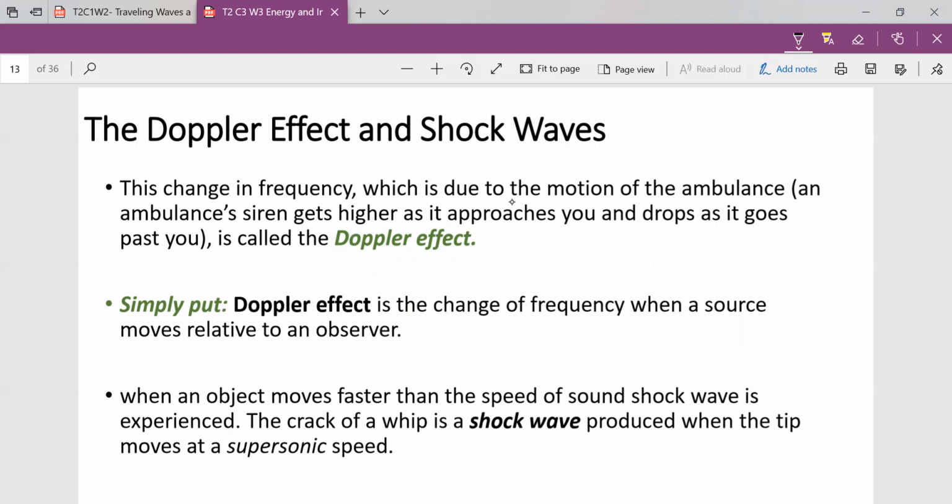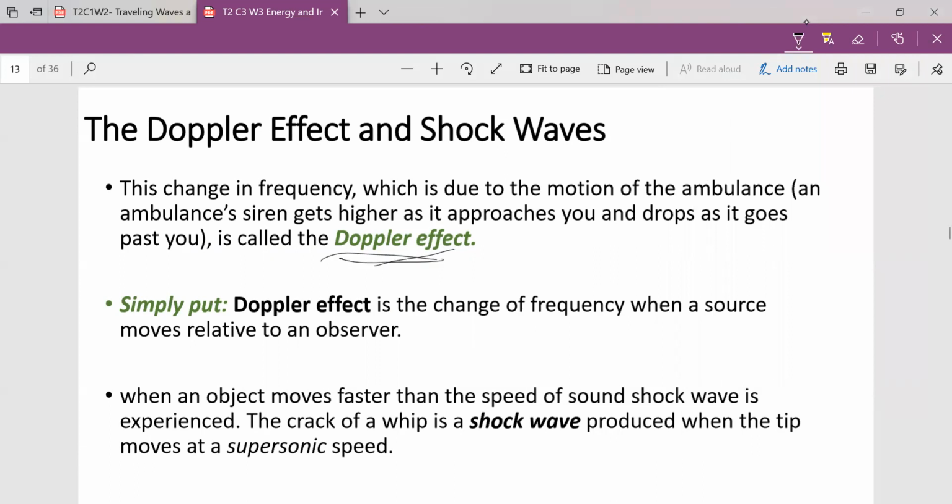As it approaches, it gets louder, and as it passes, you hear the sound begin to fade away. So you see that there's a change in frequency that you observe from the sound that comes to you, due to the motion of the ambulance, the siren coming, approaching, and also passing by. That change in frequency is what we call the Doppler effect.